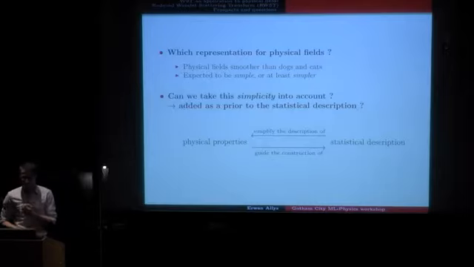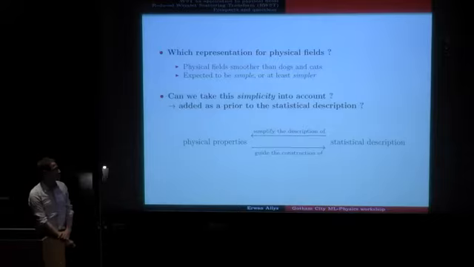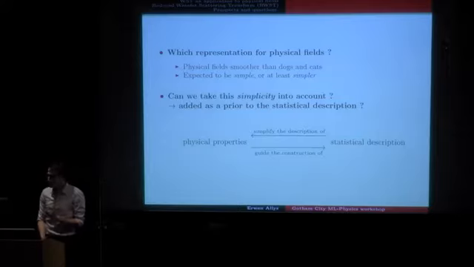So the idea is that the statistical description should also simplify the description of the physical properties. And if we succeed in this small loop, maybe we were able to encode some of the priors we want in the statistical description.